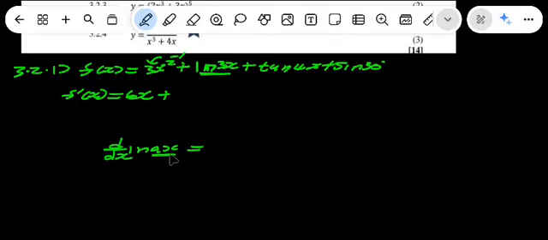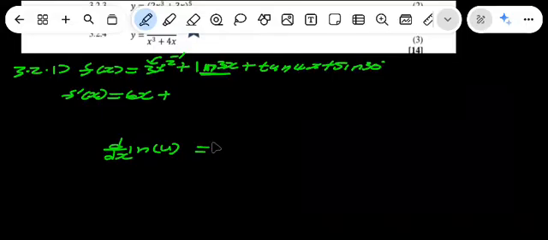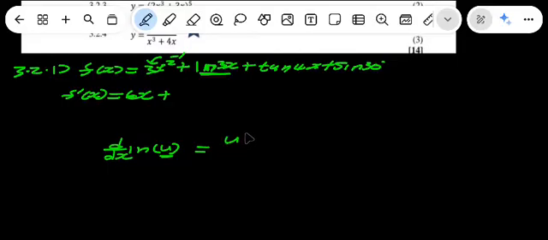Let me say f of x equals ln u, where u is what is inside, to make this easy. So how do you differentiate this? You take the derivative of what is inside, which is u prime over u.